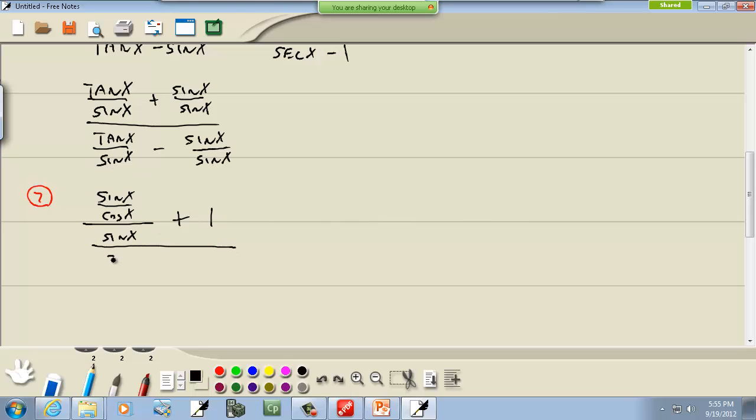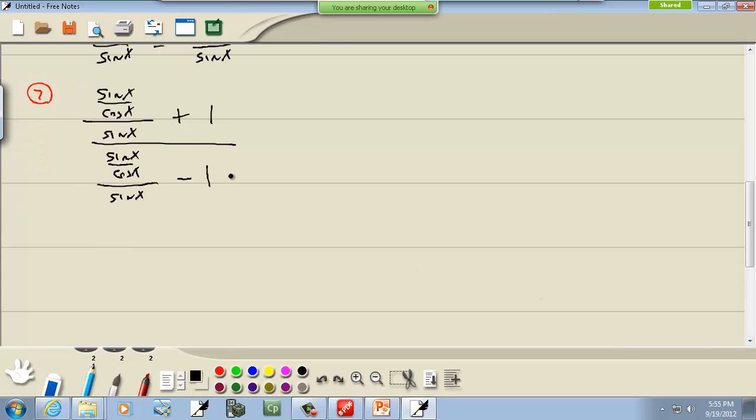And then down here I'll rewrite tangent as sine over cosine, and this will be minus 1. Well, we've got our top fraction divided by sine, so this would be sine x over cosine x divided by sine, that's what that's saying, plus 1. And same thing down here: sine over cosine divided by sine, minus 1.